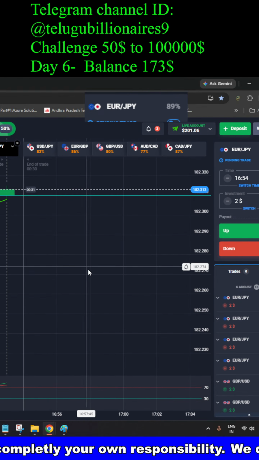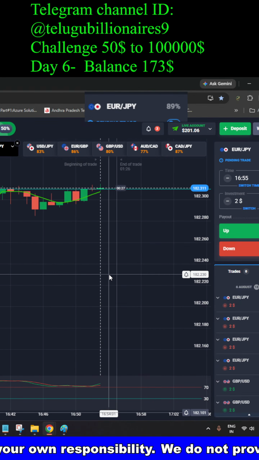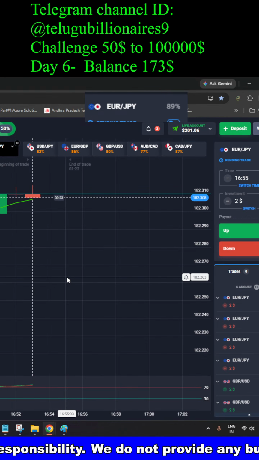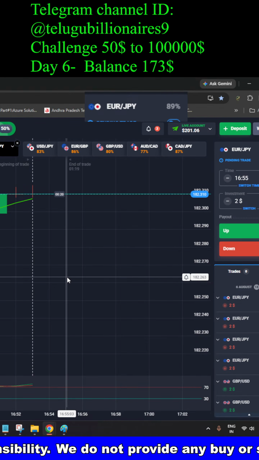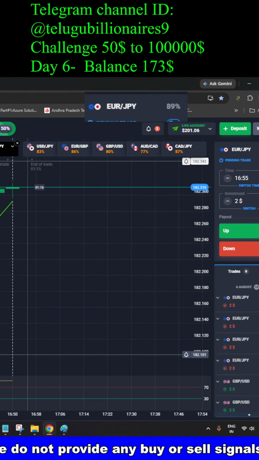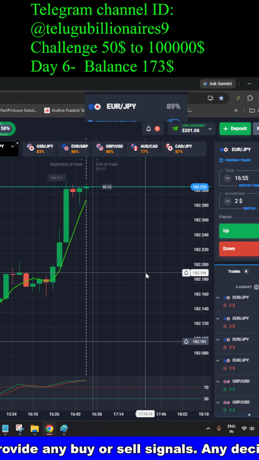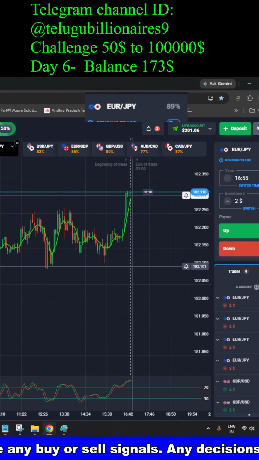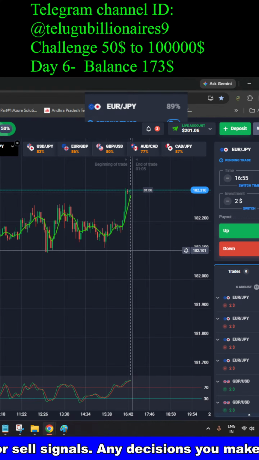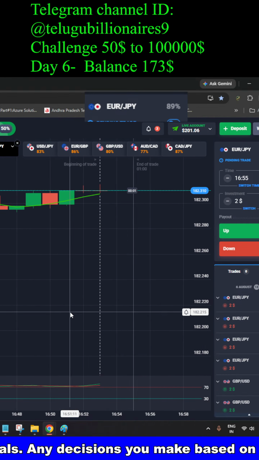No setup here. Market is struggling here to break these highs. See here, resistance area. That's why the market is struggling.